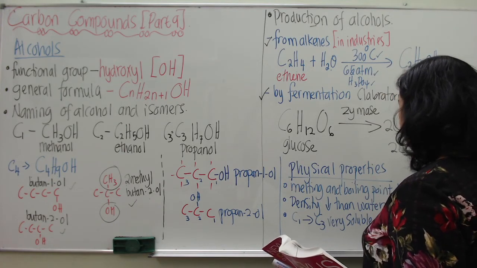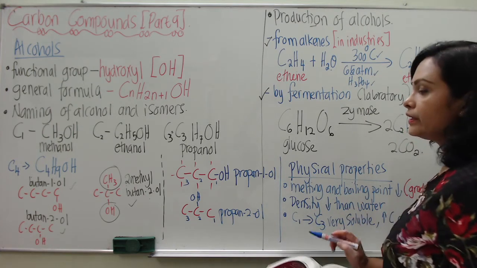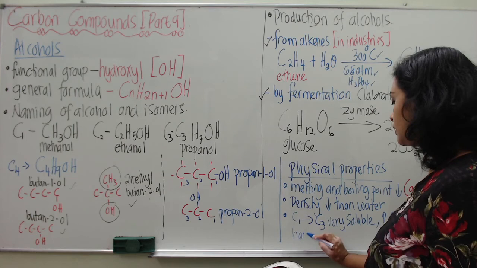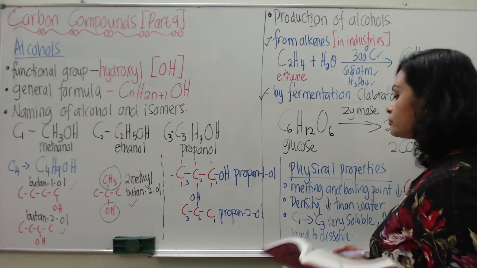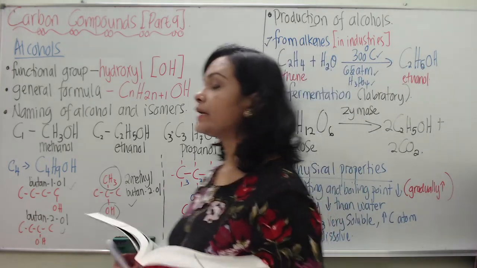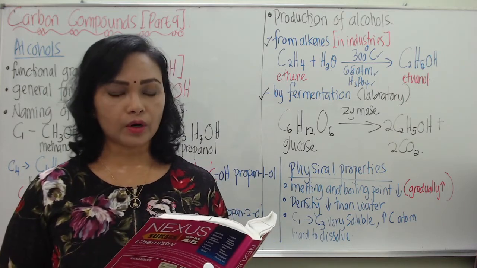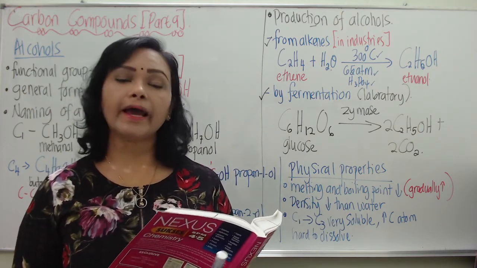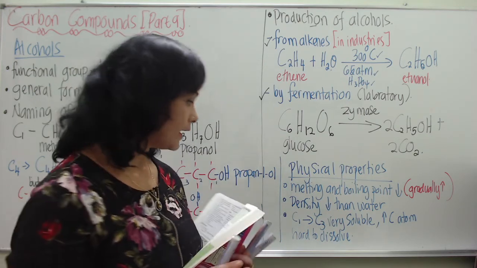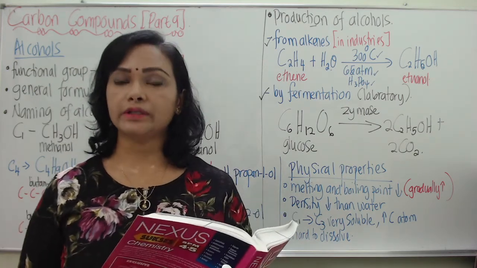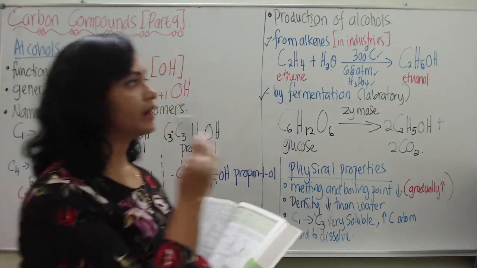But towards an increase of carbon atoms, it is not very soluble, so it is hard to dissolve. Ethanol, methanol, propanol are soluble, but hexanol may not be as soluble as propanol, ethanol or methanol. So this is what I have to discuss regarding alcohol.